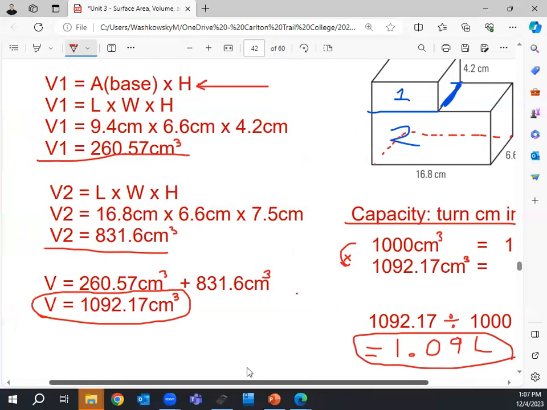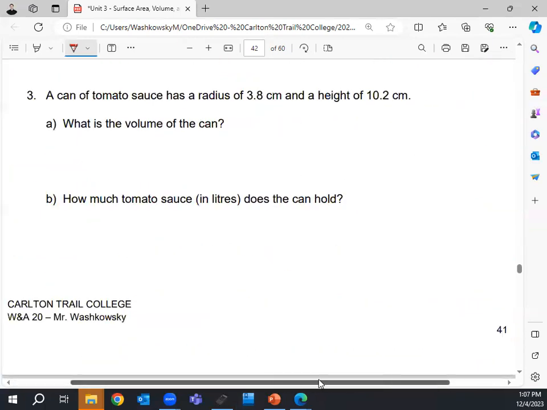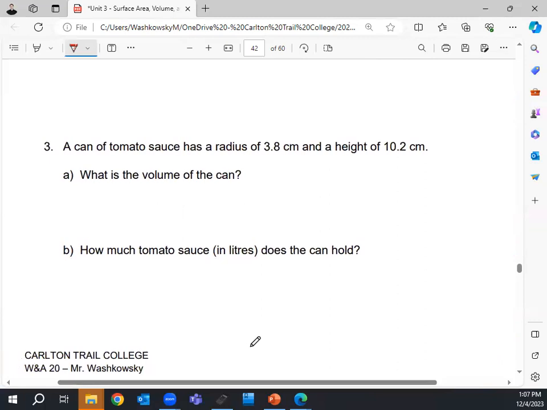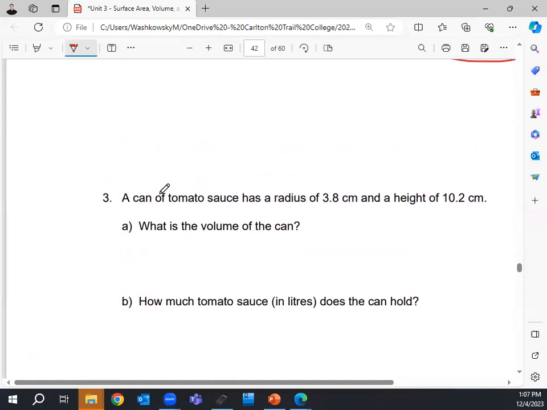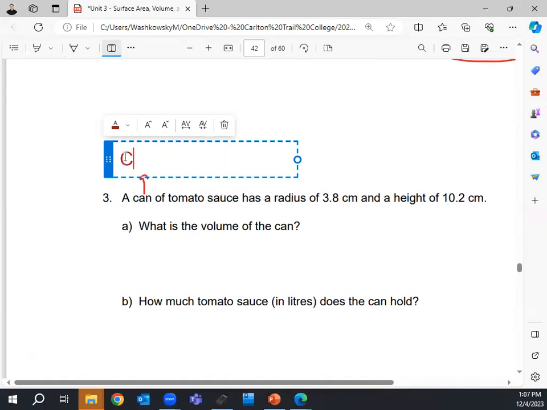So we'll do one more question together here, which is we're going to look at a can of tomato sauce. Now, first off, what shape is a can? It's a cylinder. So when I see can, I know that I need to look at a cylinder.